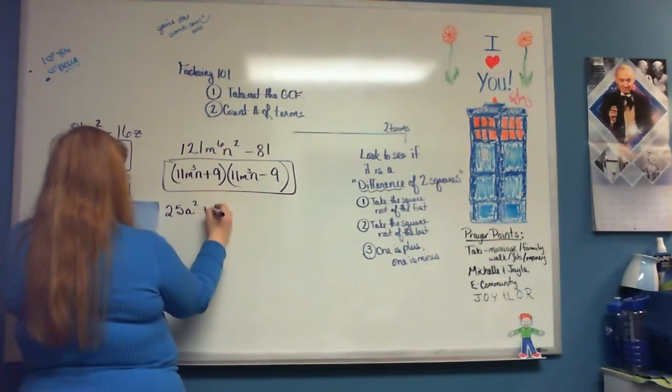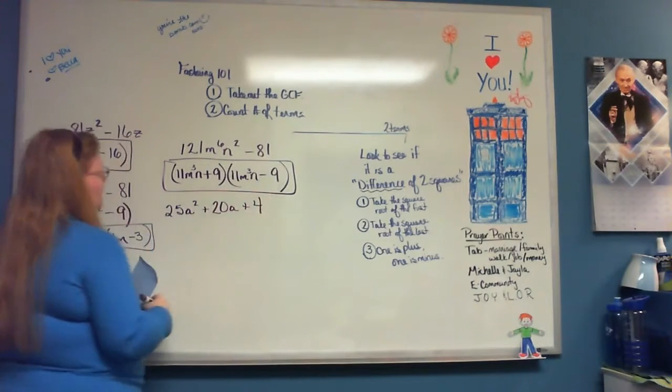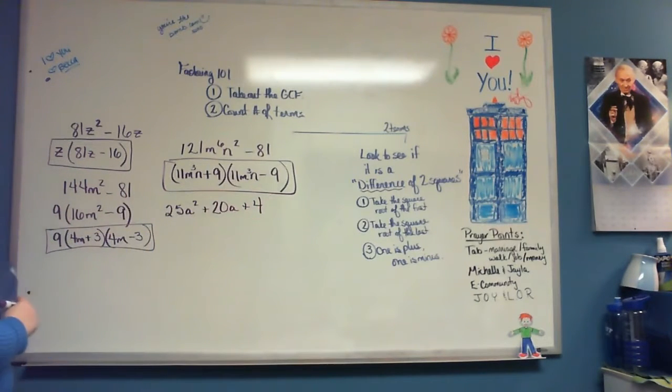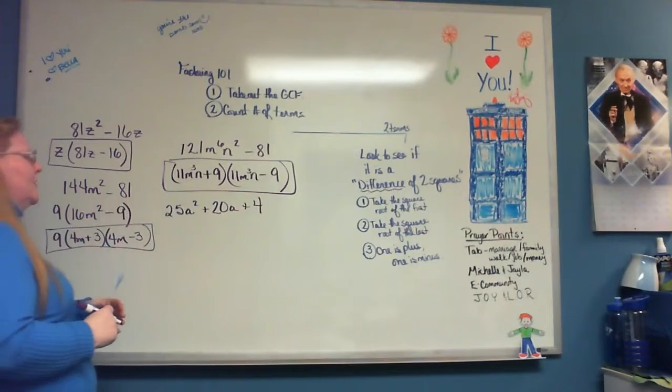25a squared plus 20a plus 4. Wait a minute. What's this one doing in this section? It ain't got 2 terms. It's got 3 terms. This is back another section. Why is it here?